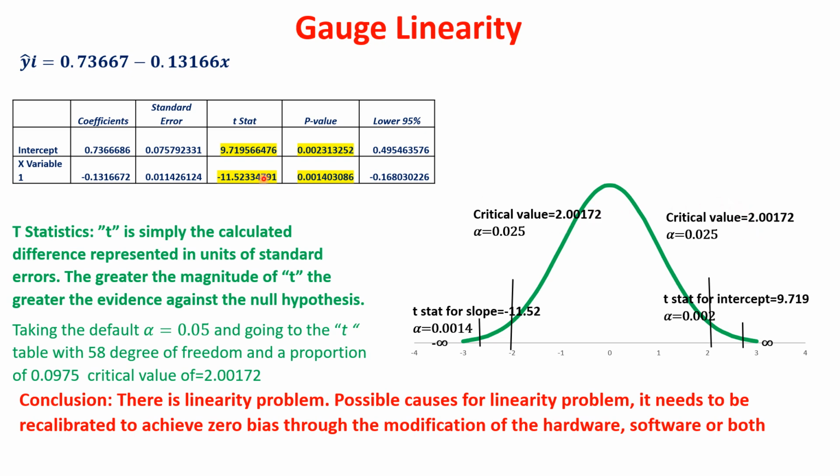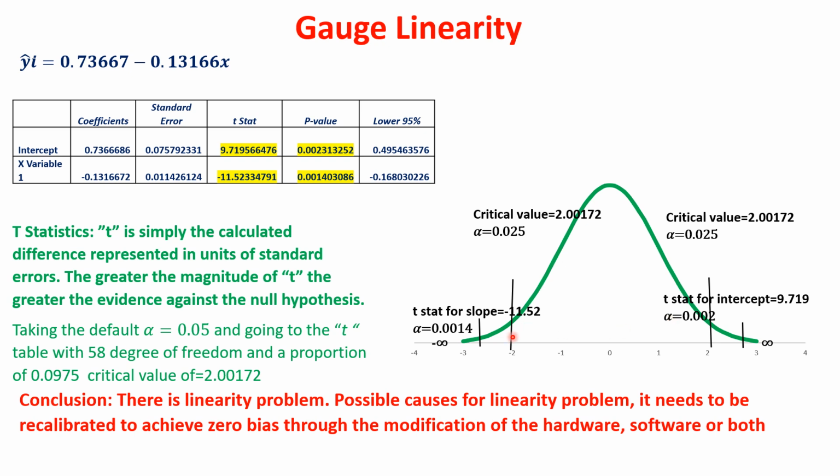Now see, the intercept t statistic is 9, which is lying in the rejection zone, and it is not lying in the non-rejection zone. So my null hypothesis is rejected and the alternative hypothesis is accepted, rather adopted. It is far away from the 2, it is lying in the rejection zone.